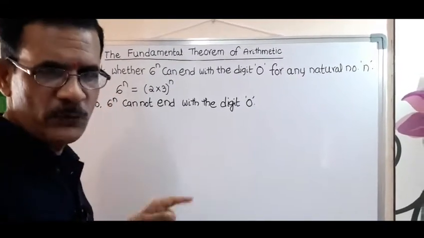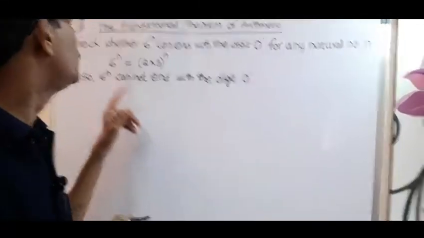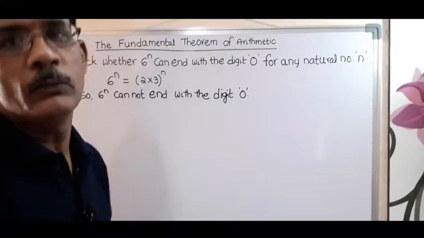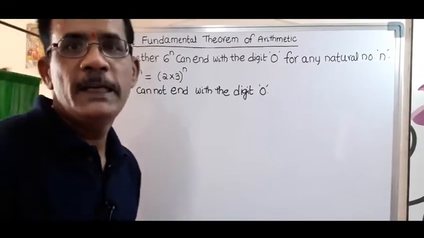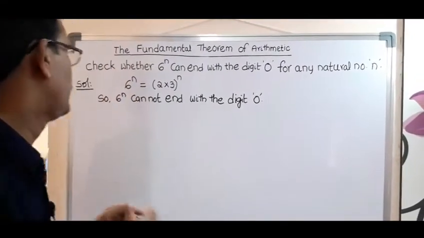Here in the prime factors of 6 power n we have only 2 and 3, there is no 5. So it cannot end with the digit 0 for any natural number n.